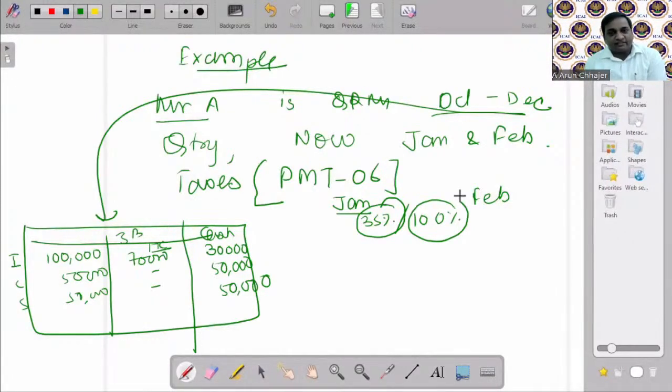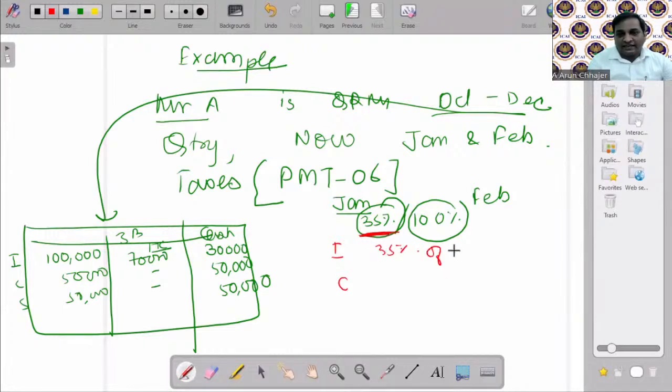Just give me the answer, which percentage would be used in this example. Absolutely correct. You all have given the right answer. That is 35%. Now tell me, for IGST of 30,000, how much will I pay?